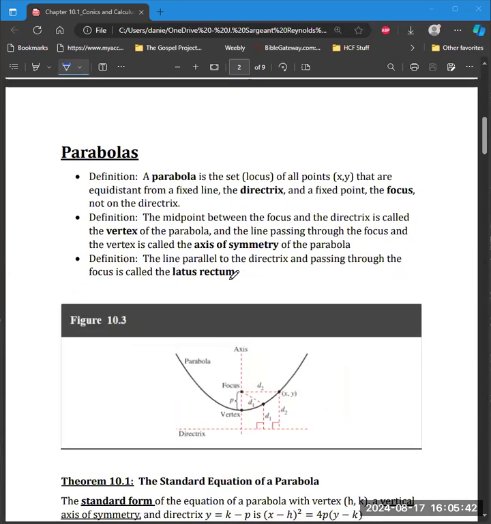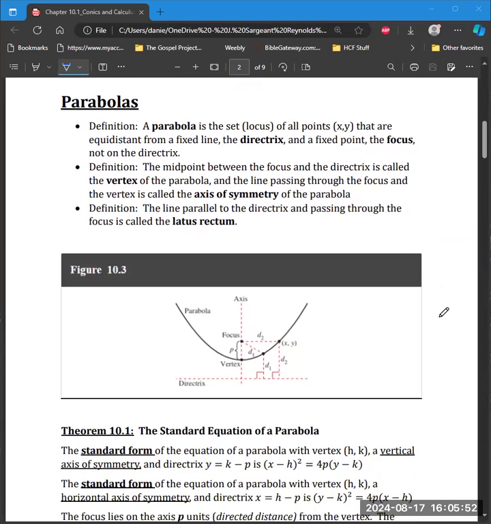let's go ahead and start looking at parabolas. Parabolas are things that we've talked about quite a bit since Algebra 2. We started to talk about parabolas as one of the first non-linear equations we talked about.